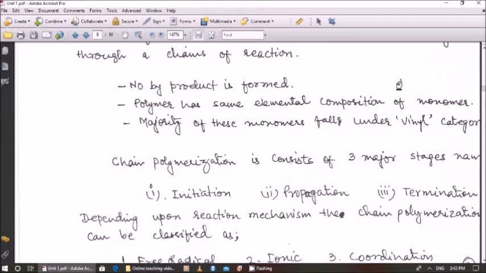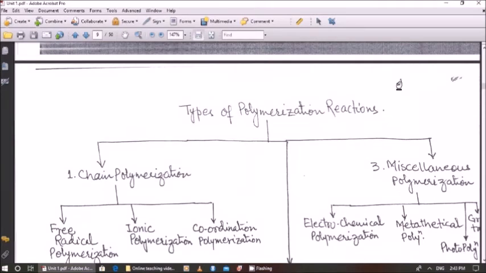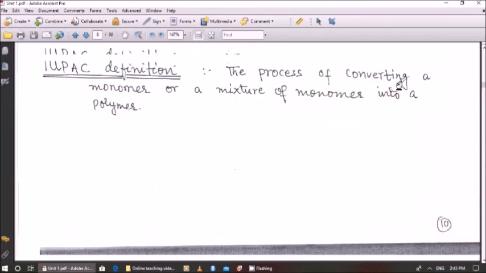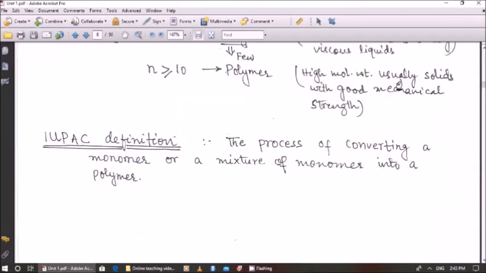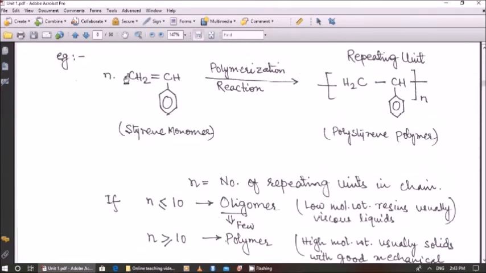This is very important, as you have already seen in this example. Let me go back to this example. Okay, this one. Here the elemental composition of the monomer is CH2 double bond CH benzene ring, and the elemental composition of the repeating unit of polystyrene is also CH2 single bond CH benzene ring.